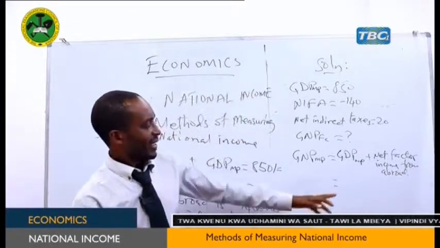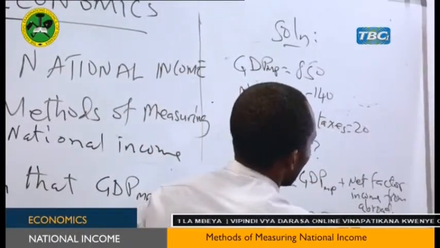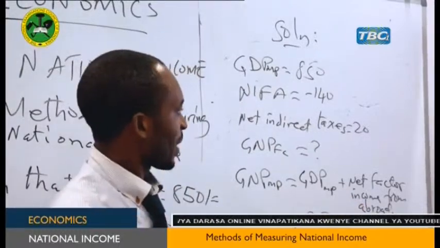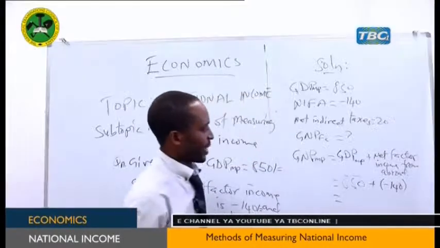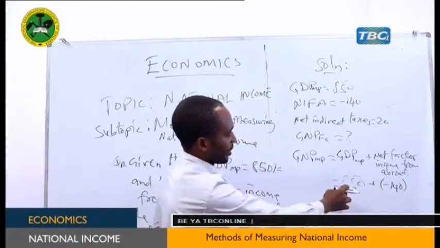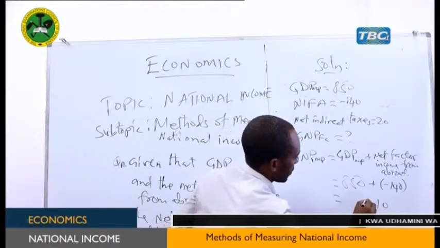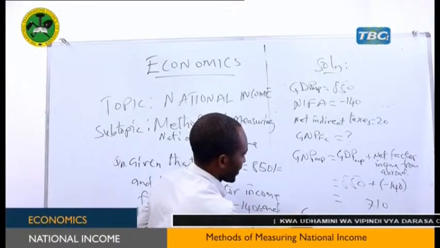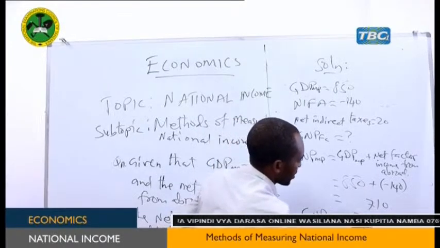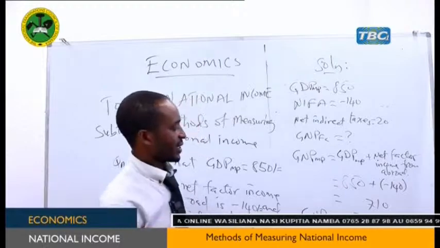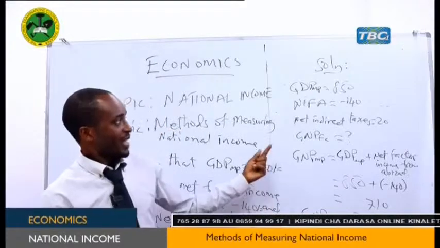Now we are given the GDP at a market price, which is 850. Then you add the net factor income from abroad, which is negative 140. So when you add here, since it's negative, you subtract, so it will be 710. So the GNP at a market price would be 710 shillings.